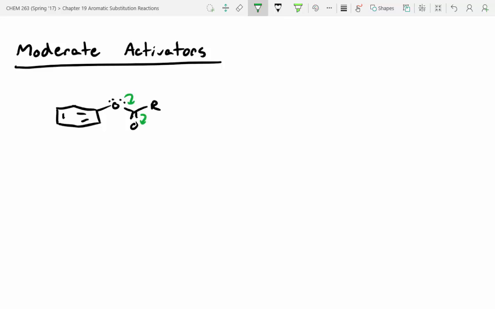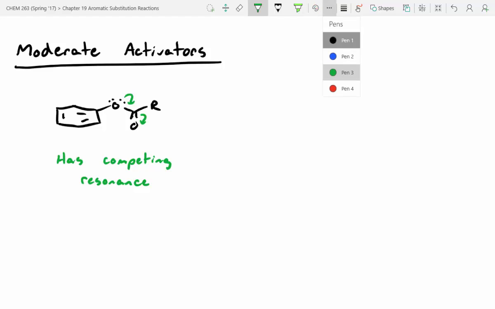These are moderate activators simply because they have competing resonance. So oftentimes esters like this are moderate activators.